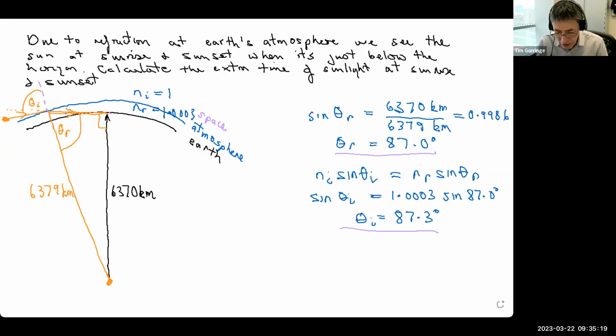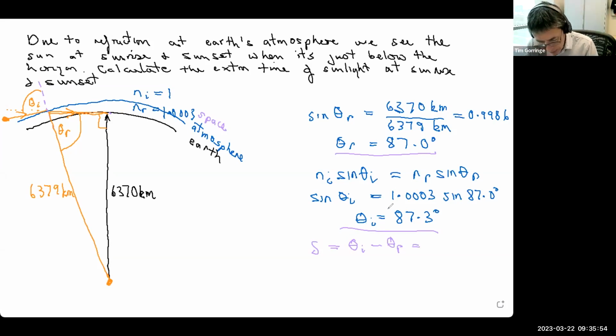That small deflection of the light ray is what we need to figure out the extra sunlight, the extra time that we see the sun below the horizon before it's about to rise, or also below the horizon after it's set. So let's calculate this deflection angle, I'll call it delta. It's simply the difference between the incident angle and the refracted angle, because they're both measured with respect to the same line, the normal.